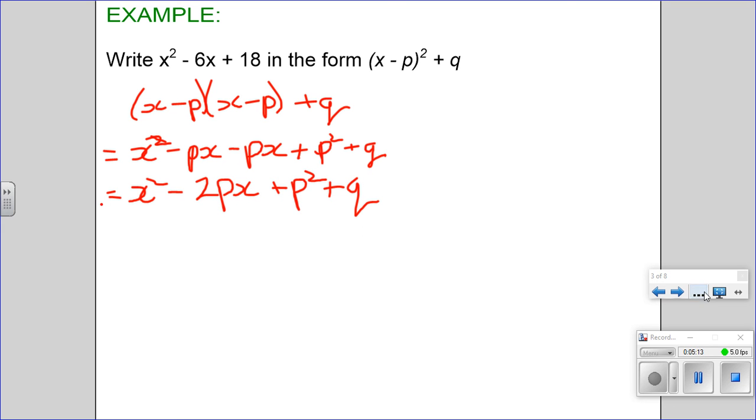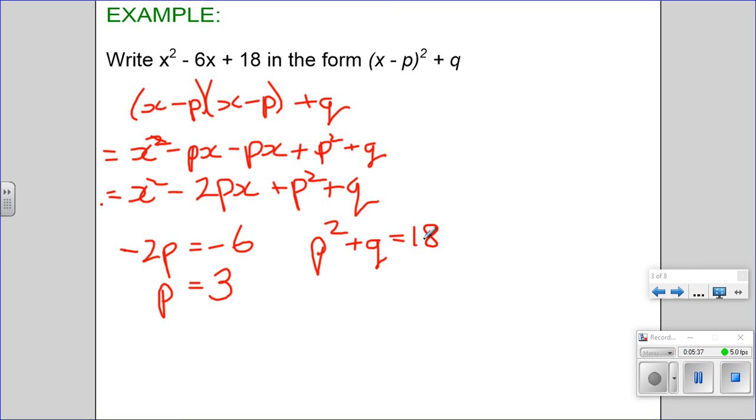Okay, and again, I've got that x term to match up, and that p squared plus q term to match up. So I've got negative 2p is equal to negative 6. So then p is equal to 3. And then p squared plus q is equal to 18. So 3 squared plus q is 18. Well, 3 squared is 9, so 9 plus q is 18.